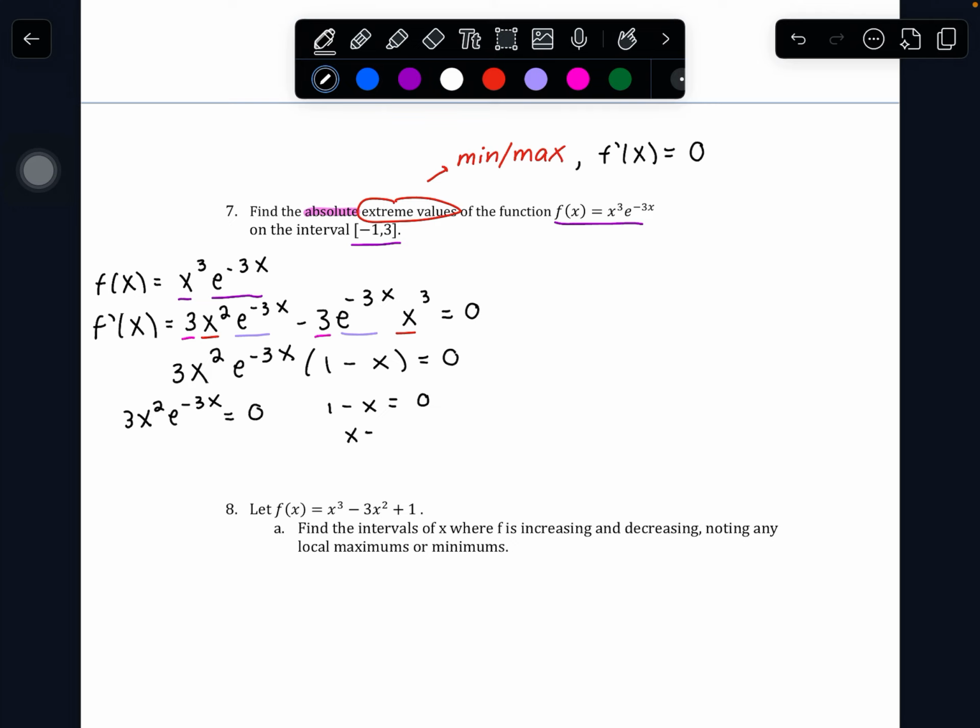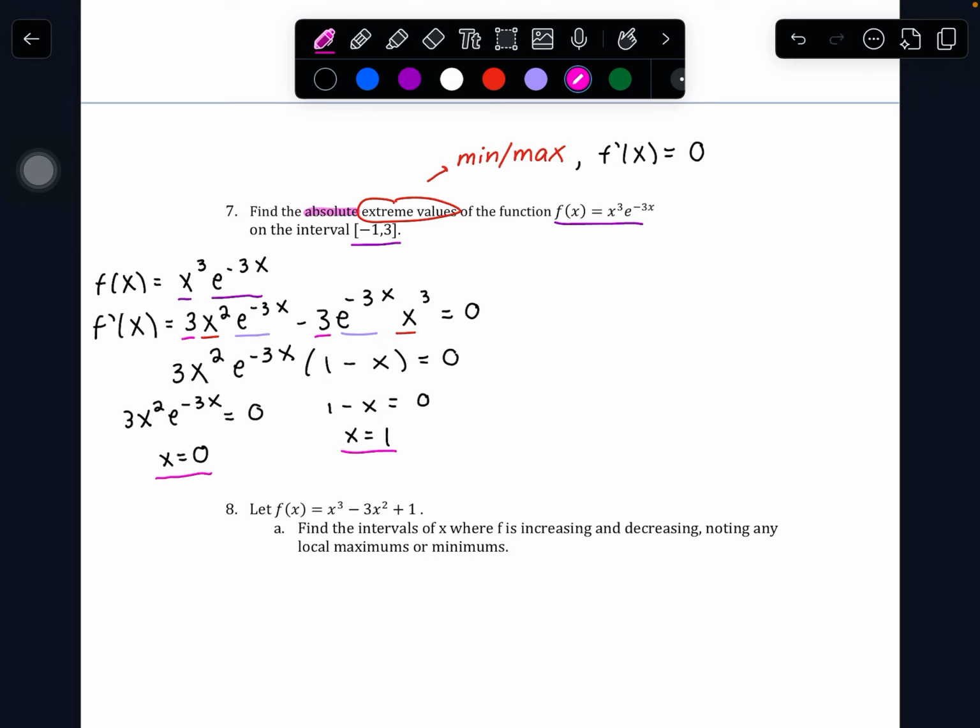In this case, we're going to have x equals 1. And here we're going to have x equals 0, because the e term is never 0. So this whole product is equal to 0 when 3x squared is 0, and that only happens when x is 0. Okay, so now we have two critical points that are in the running for max or min, absolute ones.